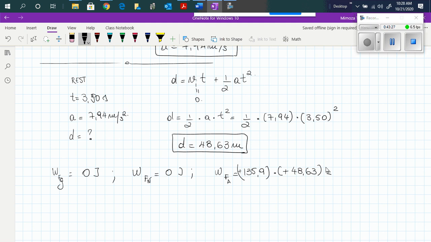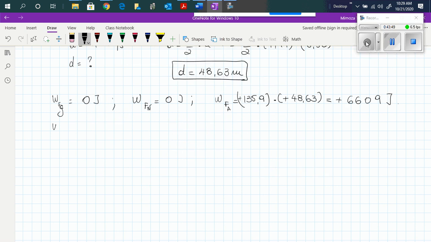So 135.9 times 48.63 is equal to positive 6609 joules. Is it clear?